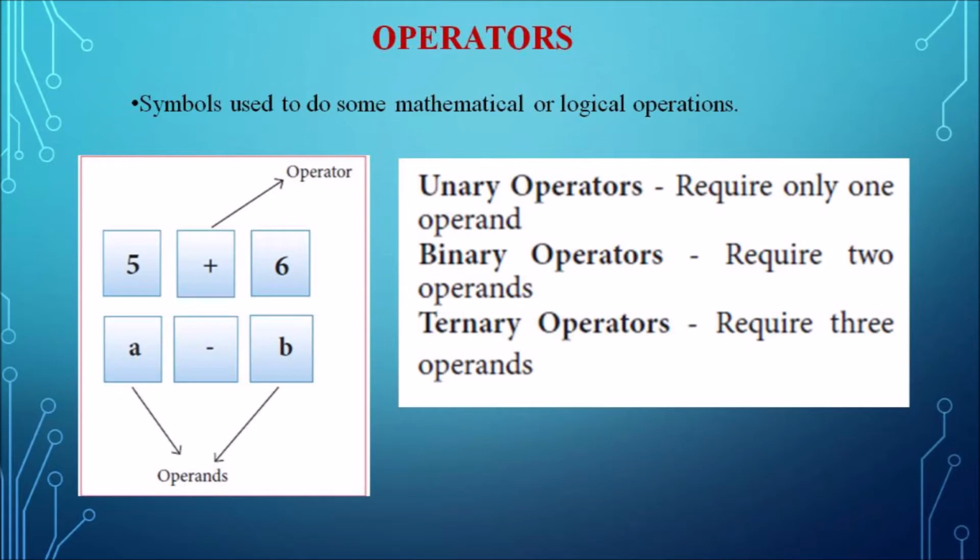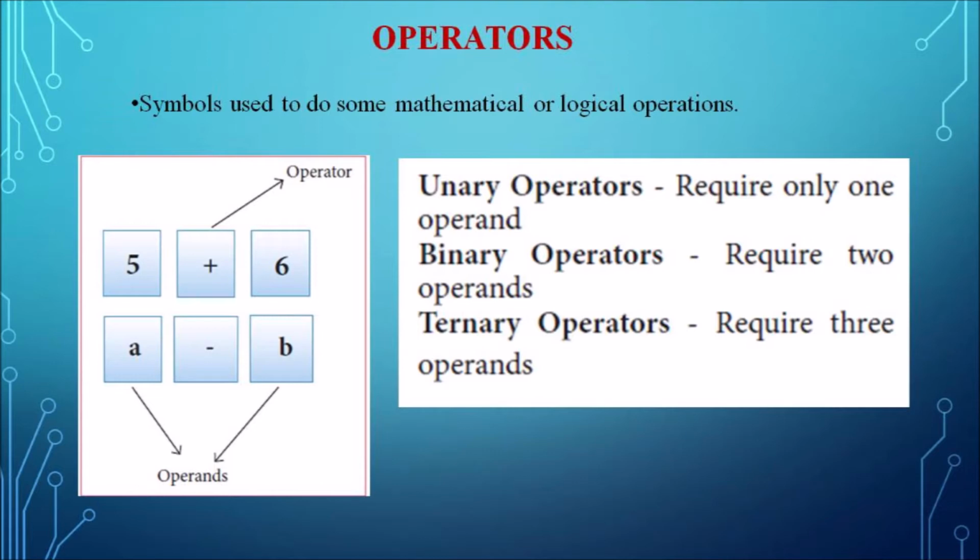For example, a plus b, 5 plus 6, a minus b. Here 5 and 6 are operands, and a and b are operands. They are the variables or values where the operator performs the operation.